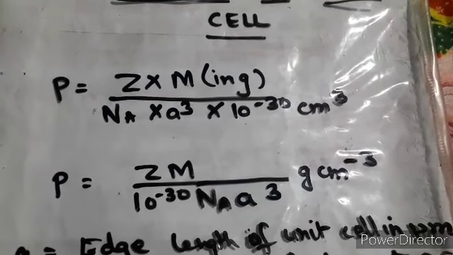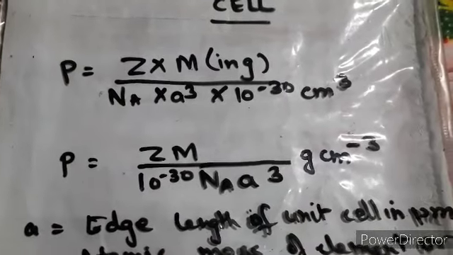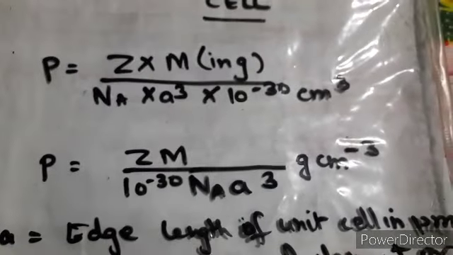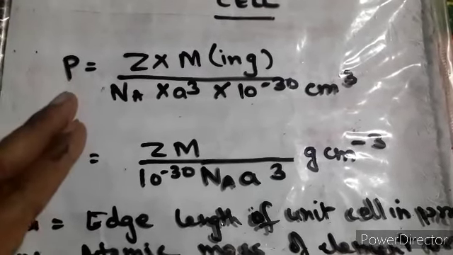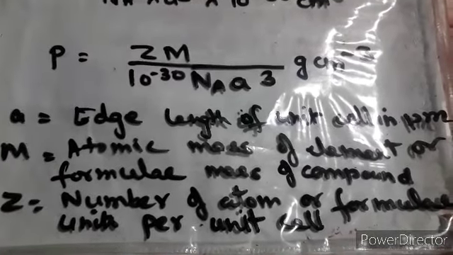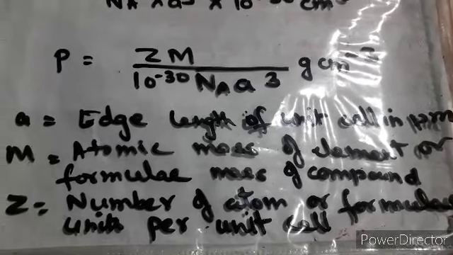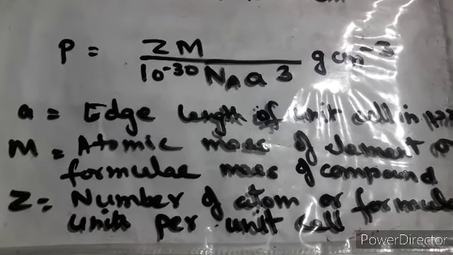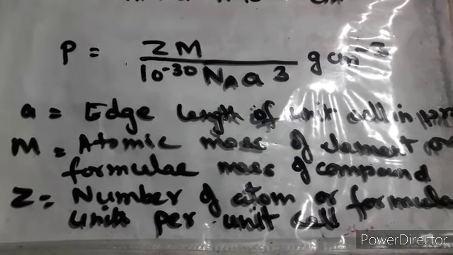So it's been changed, and I am just putting 10 raised to minus 30 for it, and the same thing is there, but I have changed this, right? Please remember, we always use this formula only. And I have written the other things also, what is A, what is M, what is Z. Na I am not writing, because you know Na is Avogadro's number, and that is 6.02 into 10 raised to power 23.